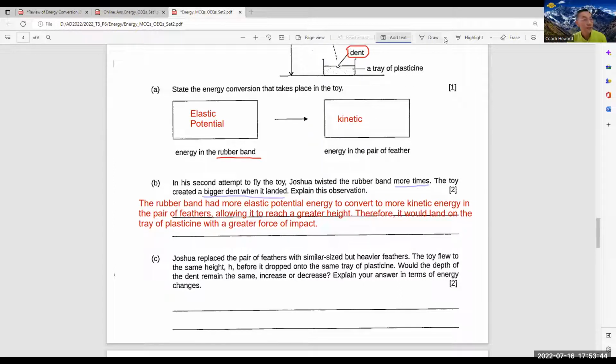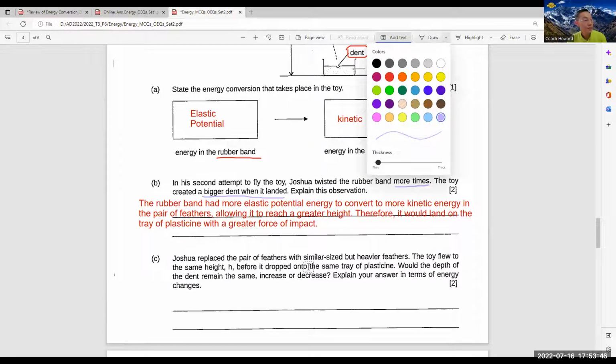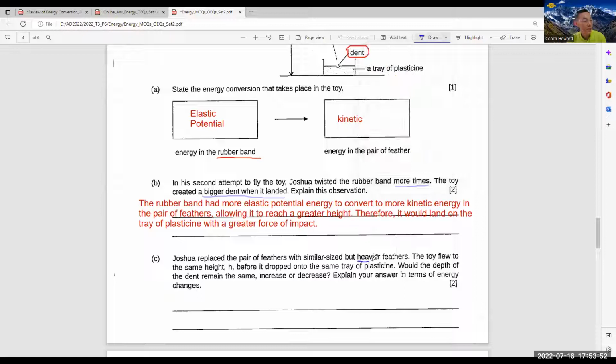Okay, the next question says he replaced the pair of feathers with heavier feathers. You highlight this. Heavier means it will increase GPE, right? They said the toy flew to the same height before it dropped on the same tray. Would the dent be the same, increase or decrease?